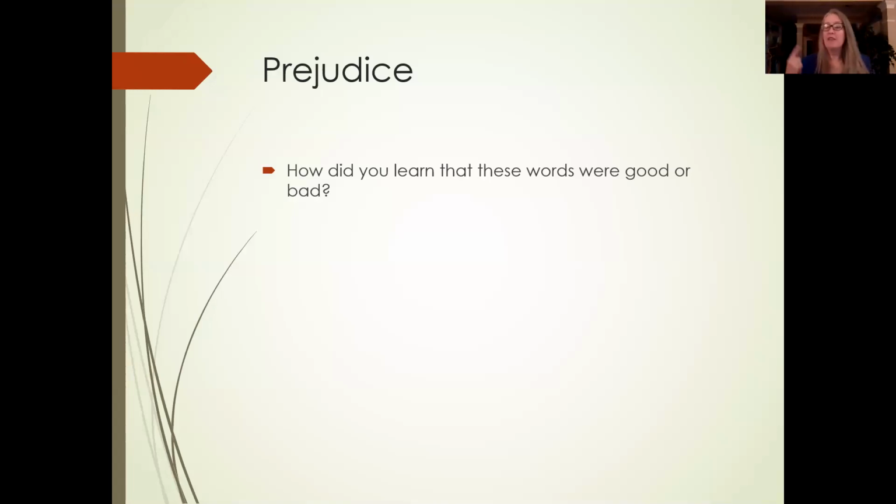When you think back, if you were one of the people who had light as good, do you remember the time where light was paired with positive things? Probably not. I know when I did this test, I had lower as bad. I have no idea where I got lower as bad, right? Lower can be good in a lot of specific situations, but I hear the word lower and I think, that's not a positive word.